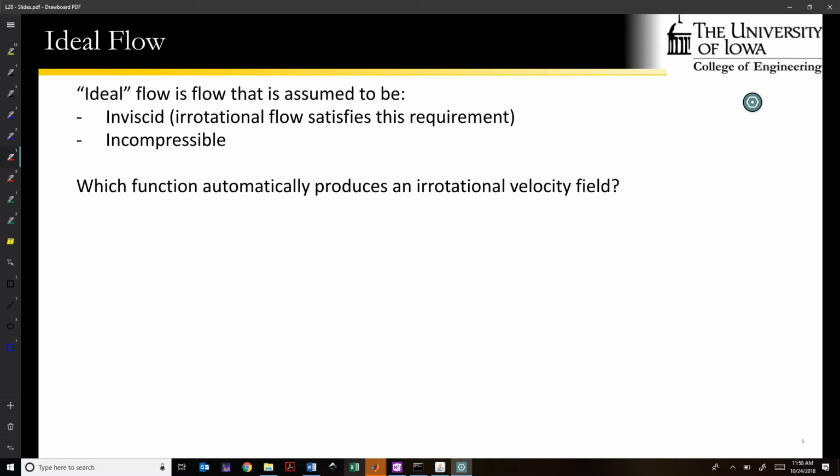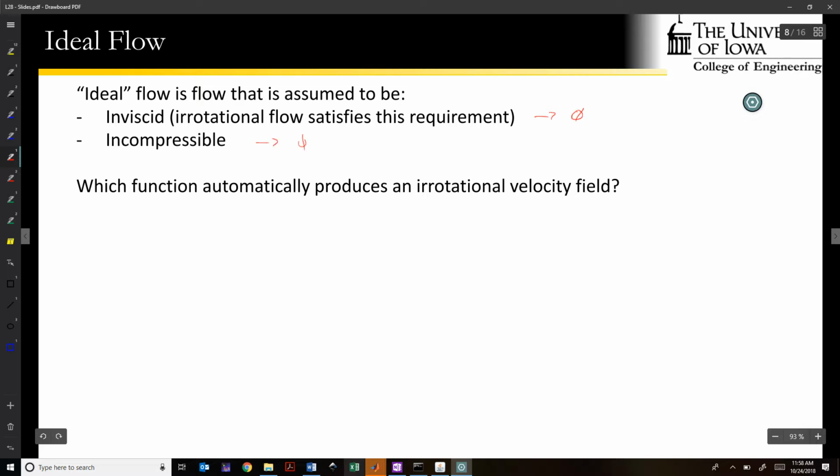If we don't have any fluid rotation, we don't have any velocity gradients, which means there are no shear stresses, there's no viscosity to worry about. And then we've got incompressibility. So the idea is we have one function that satisfies each of these. We've got the potential function that satisfies the first. We've got the stream function that satisfies the second.